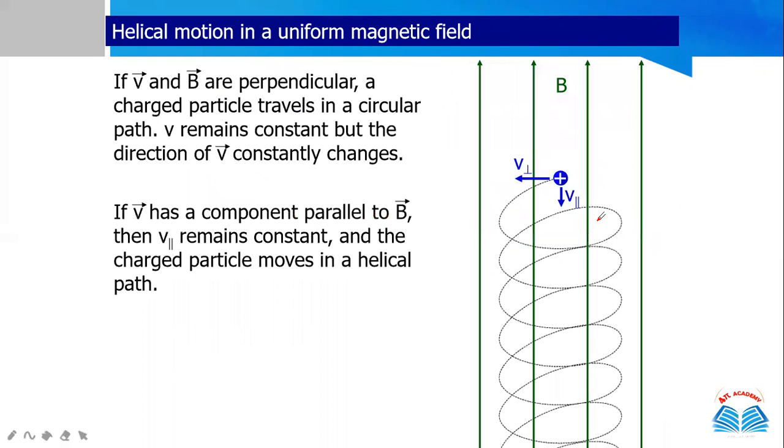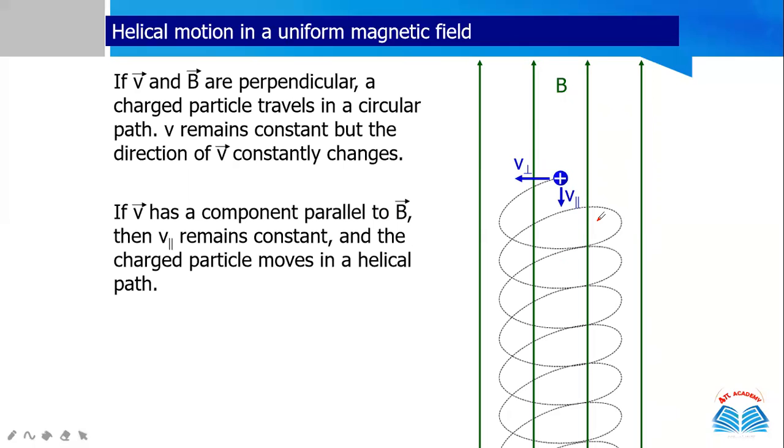Moving ahead. For some time, the proton will move in a circular path. But what is the effect of velocity? If we are increasing the velocity, if the velocity is constant, if we are decreasing the velocity, if velocity and magnetic field are perpendicular, if velocity and magnetic field are parallel, what will be the condition in all these cases?